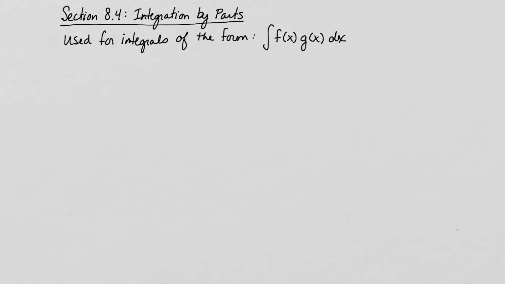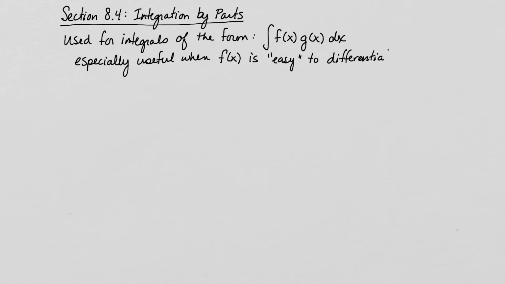Since my functions here are generic, I usually say it's especially useful when f of x is quote unquote easy to differentiate and g of x is easy to integrate.